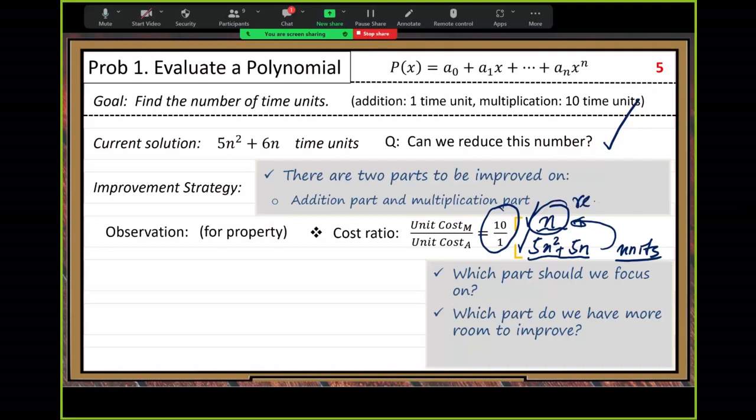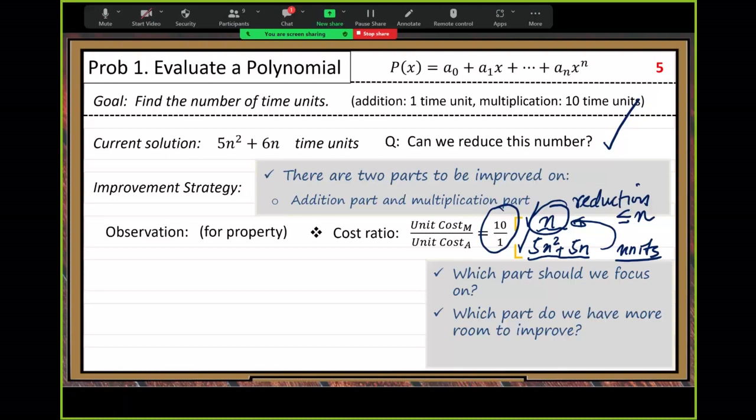The biggest reduction is less than or equal to n. You cannot reduce by more than n units, because all the units for the addition part are n.